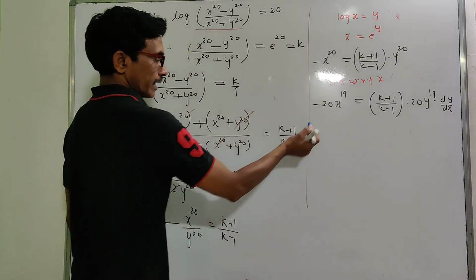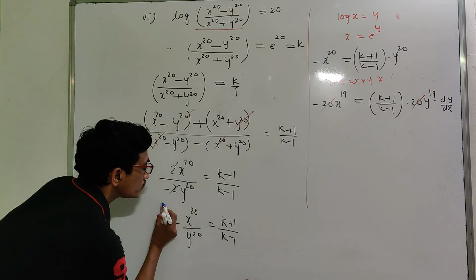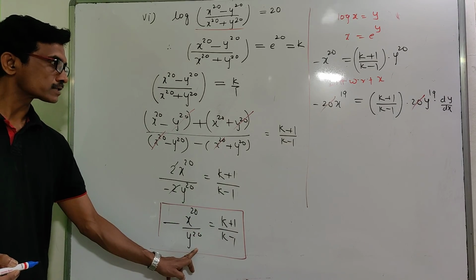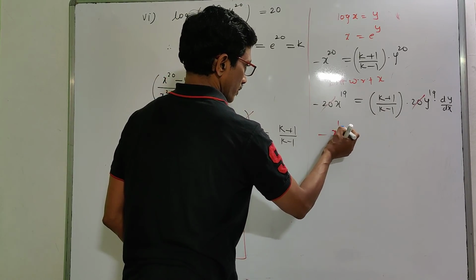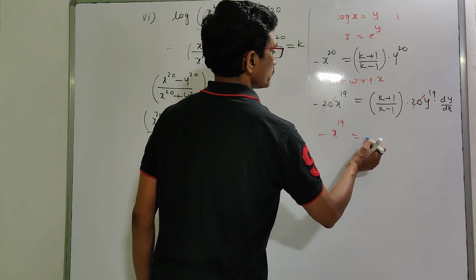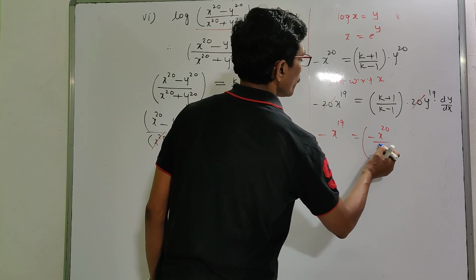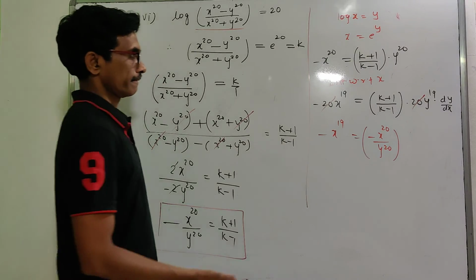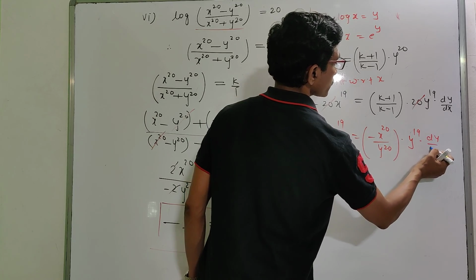This 20 is getting cancelled, and as we have k plus 1 upon k minus 1 as minus of x raised to power 20 upon y raised to power 20, here minus x to the power 19. This we substitute here: minus x raised to power 20 upon y raised to power 20 and y raised to power 19 dy by dx.